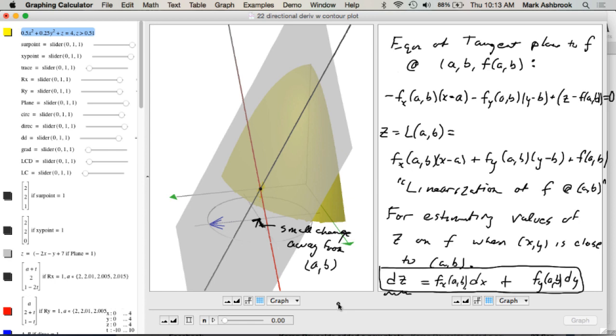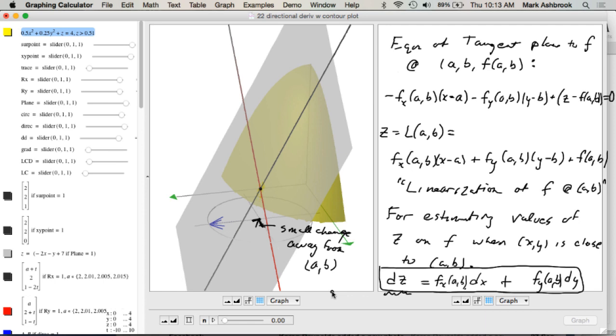Alexis: right. If you choose dx and dy small enough, you won't be able to tell the difference between this estimated change and the real change in the z value on the gold surface. So this is the true change in z as long as dx and dy are small enough. What's a small enough change? Who knows? Small enough so that you can't tell the difference between this estimated change in z and the real change in z.